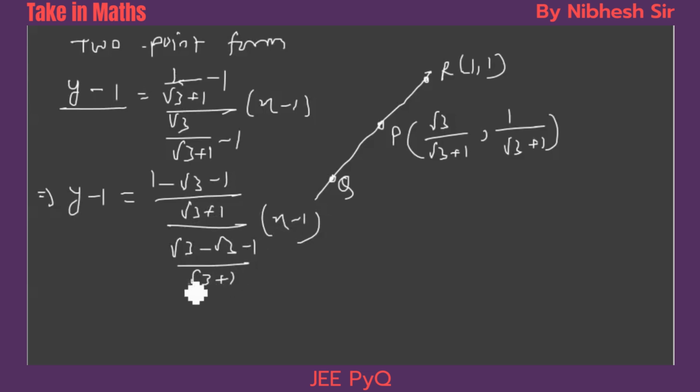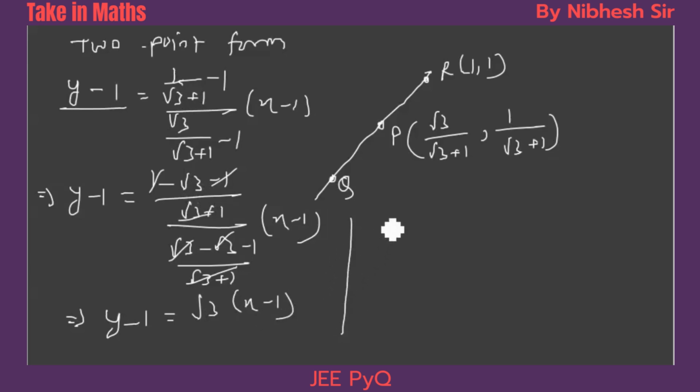So root 3 plus 1 gets cancelled, the minus 1 cancels, and we get y minus 1 equal to minus root 3 by minus 1, basically root 3, into (x minus 1). So the equation is y minus 1 equal to root 3 x minus root 3.